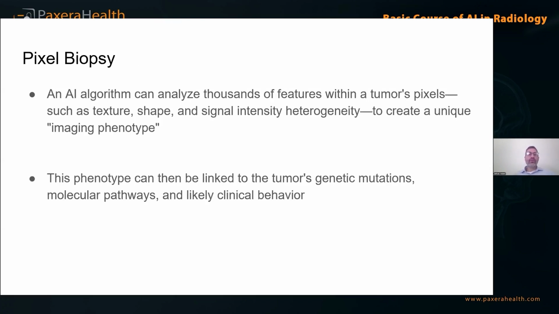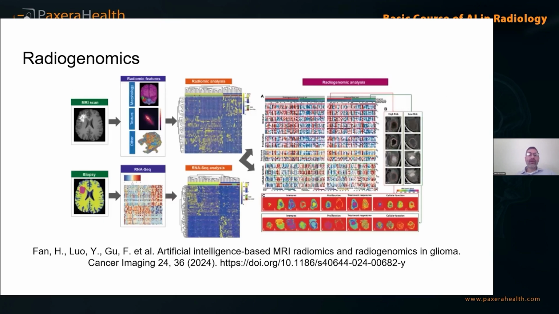So, for example, doing a pixel biopsy, where the features of the tumor, such as the texture, the shape, the signal intensity, and heterogeneity, can create an imaging phenotype. And this phenotype can be linked to the tumor's genetic mutations, molecular pathways, and potentially clinical behavior. So, this is just an example of a pathway of looking at, let's say, an MRI scan and looking at the texture and contours of a lesion versus getting a biopsy, right?